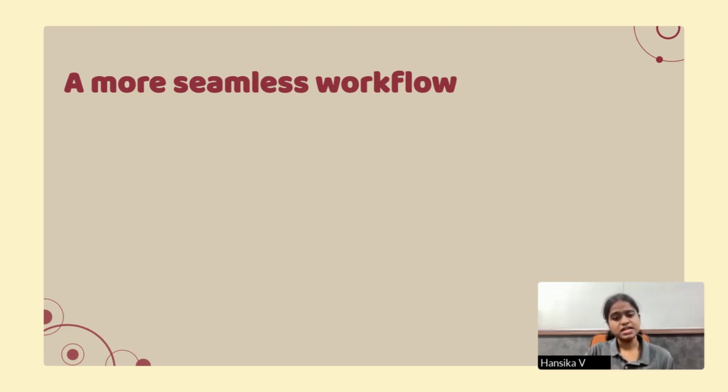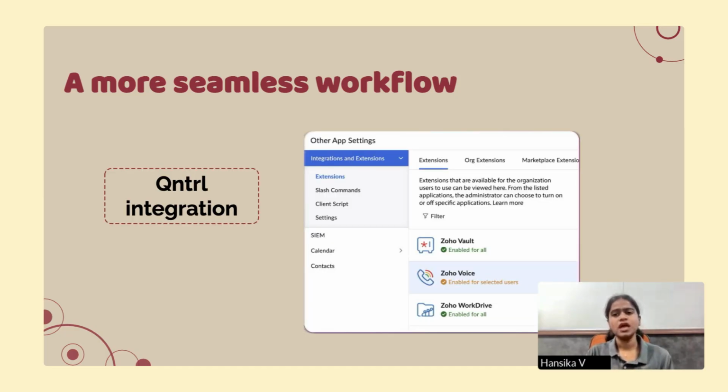All right. Now let's look at one of the key integrations that were introduced in 2025, which was the Control integration with Zoho Mail. In most organizations, approvals and process driven tasks often involve a lot of emails, a lot of back and forth conversation, follow-ups, right?